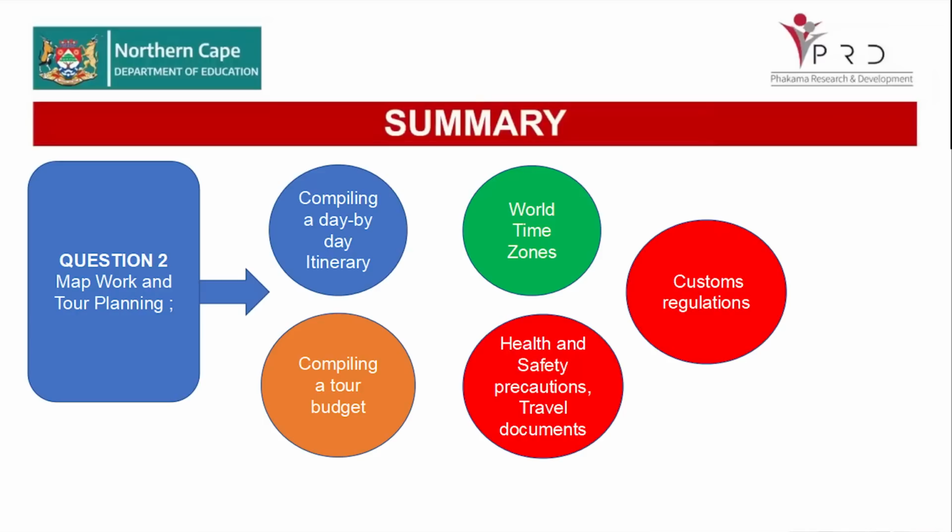So under map work and tour planning, we have spoken about compiling a day-to-day itinerary. We have spoken about the world time zones, the customs regulations, health and safety precautions, and travel documents. We have also spoken about compiling a tour budget, and that will be map work and tour planning.